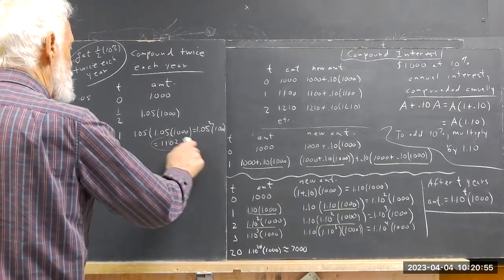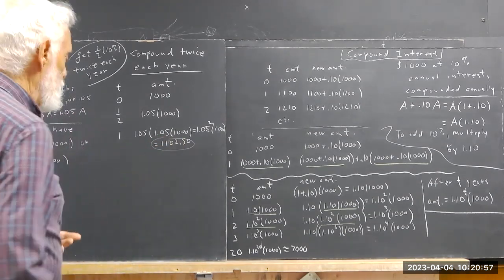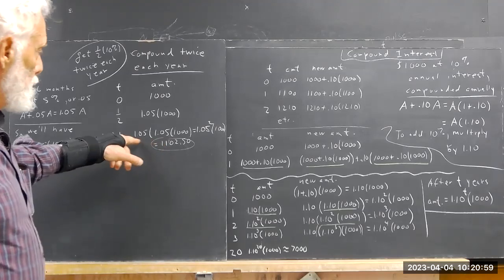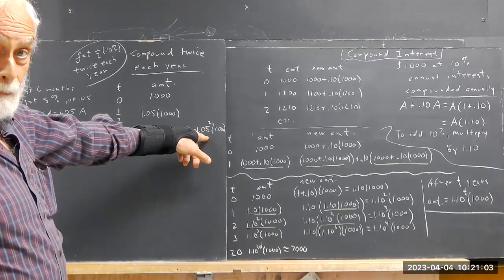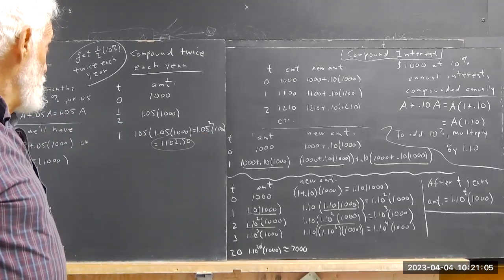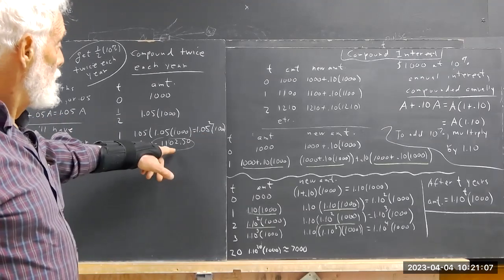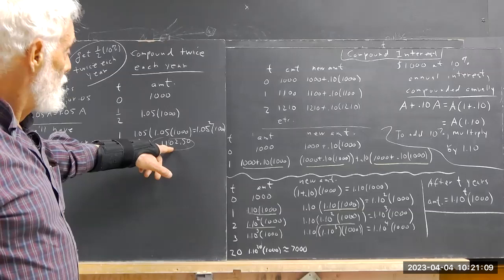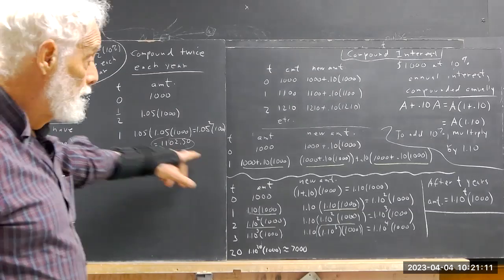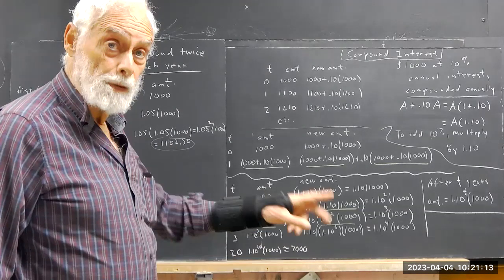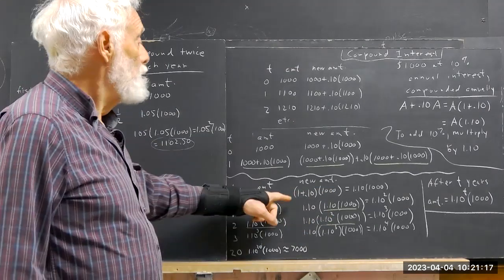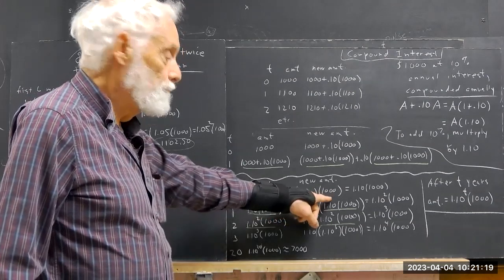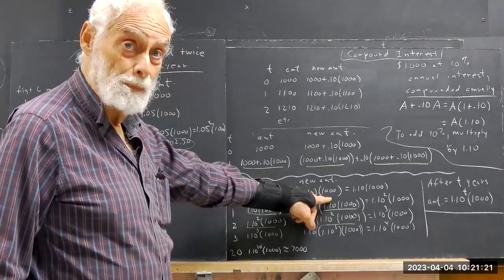Now, I'm not going to actually calculate that number each time. We just want to get the pattern. We got 1.05 squared times 1,000, right? And we calculated it here to show that we get a little more money when we compound it twice. Why do we get more money when we compound it twice? Well, here we're multiplying that whole 10% just by the $1,000 we started with.